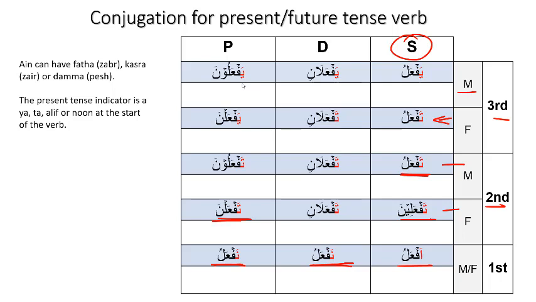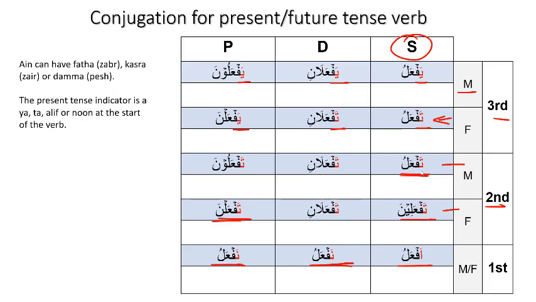Now notice in red I have highlighted what is called the present tense indicator. The present tense indicator is either a ya. So for third person singular, we always have a ya. For third person feminine, we have ta and ta for singular and dual, and then for plural we have yafalna.